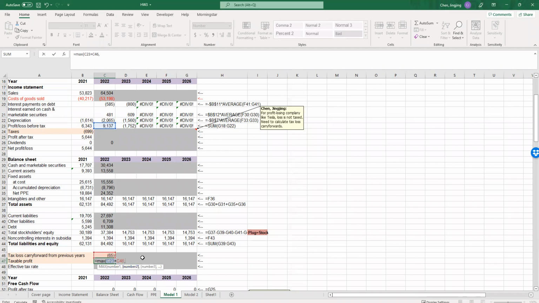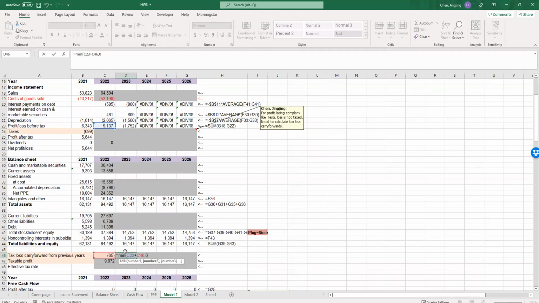Compare it to 0. And here, that would be equals to the minimum of here plus and 0, whichever is lower.